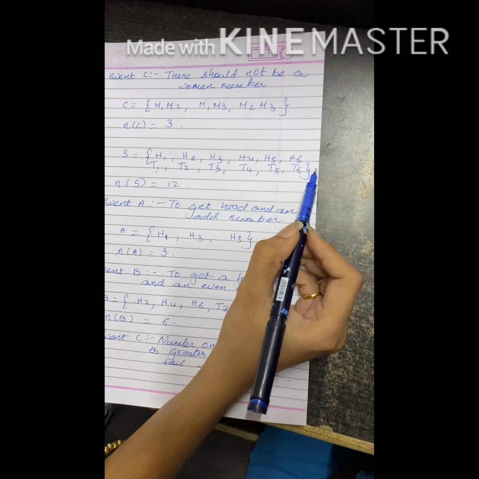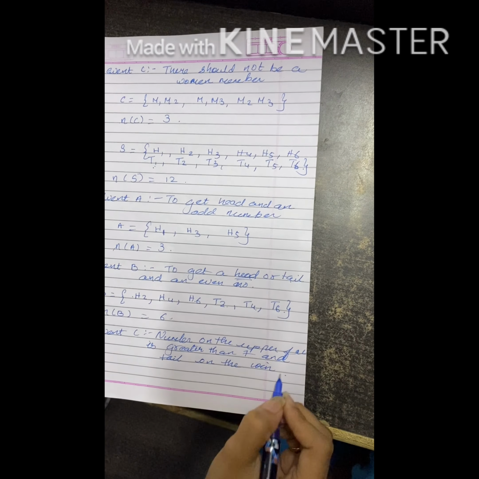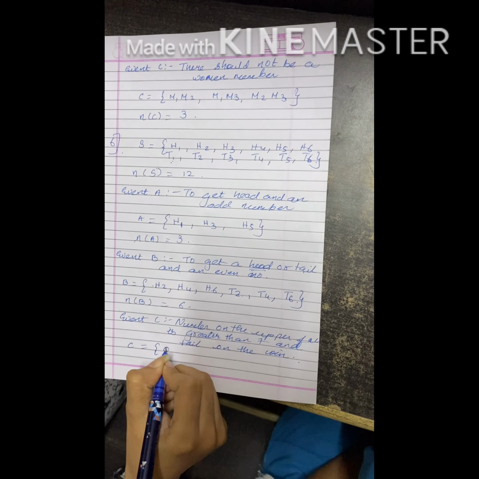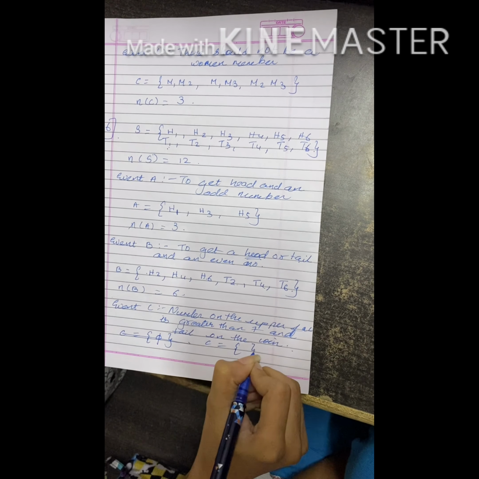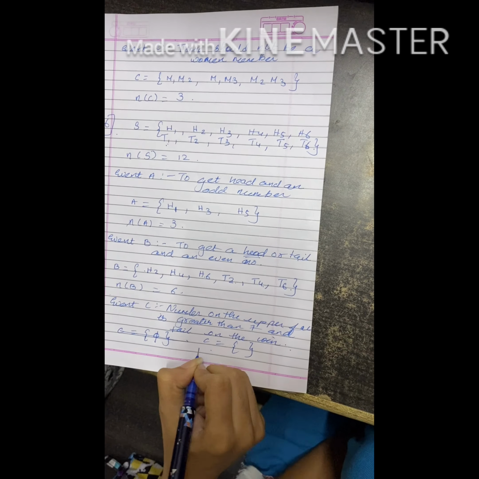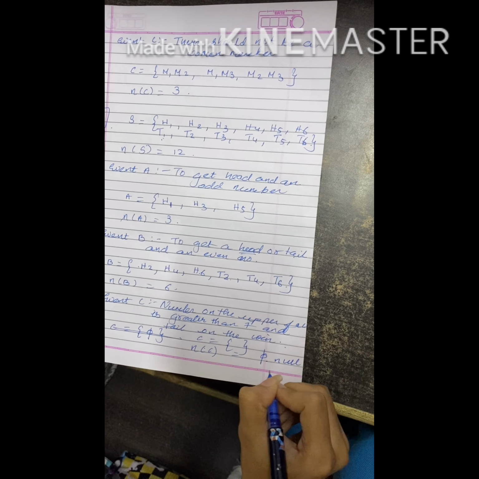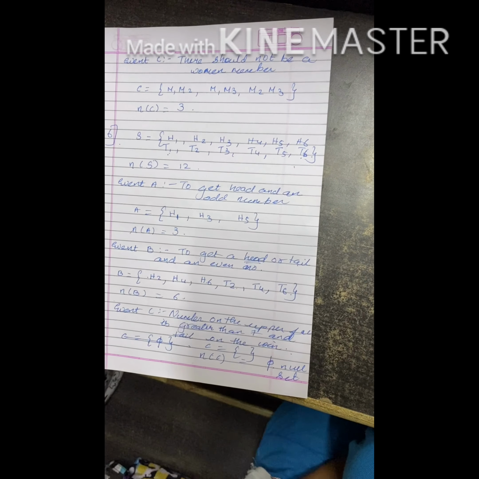Now check here, the last number present is 6. No number is present which is greater than 7. So event C will be an empty set. You can call it empty, or you can write it as N of C, which is equal to null set. Why null set? Because no number is present which is greater than 7.